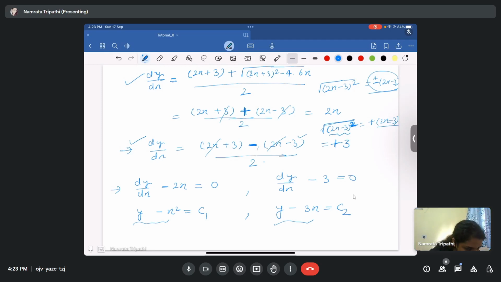The student asks: when x equals minus 1, what is the value? Let me calculate. It equals 5. But the student says that in your expression, if we put x equals minus 1, it becomes minus 5.